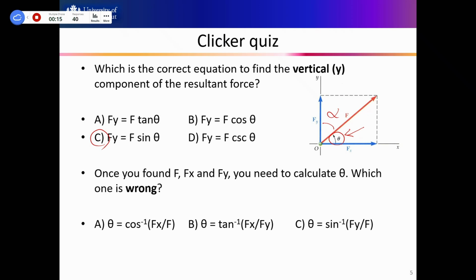So that means two of them are correct, and one is not correct. Okay, I'll close after 10 seconds.